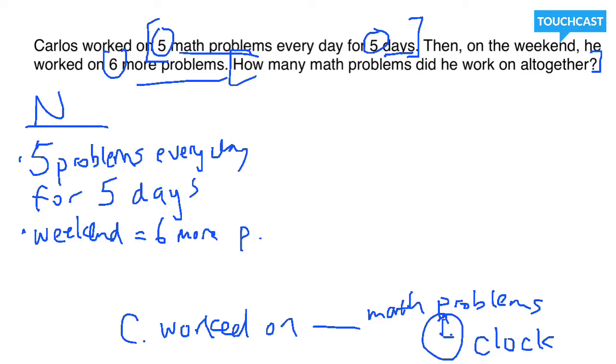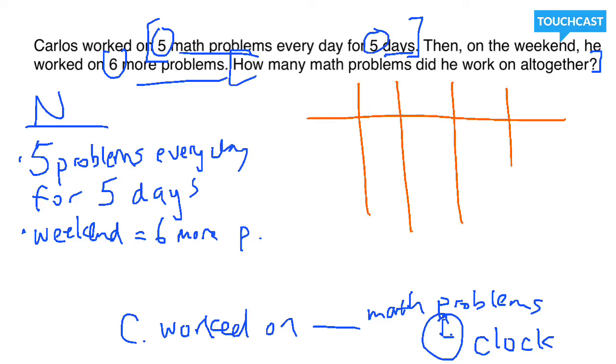Alright guys, let's go ahead and solve this problem. So I know that Carlos worked on problems every day for 5 days. So I'm going to make a little chart. So this is days. So day 1, day 2, day 3, day 4, day 5. And I'm going to check off 5 days.